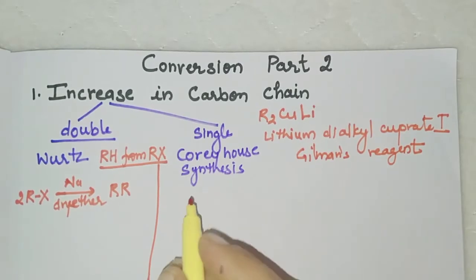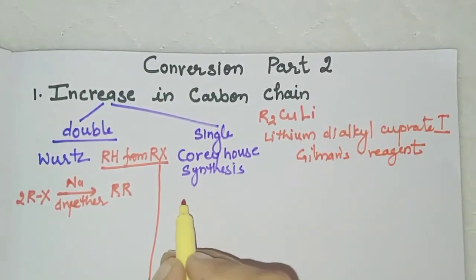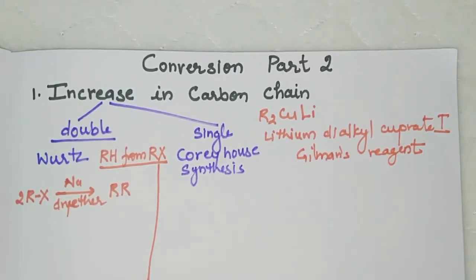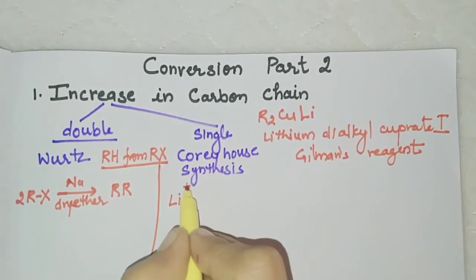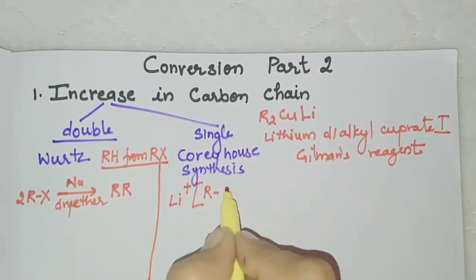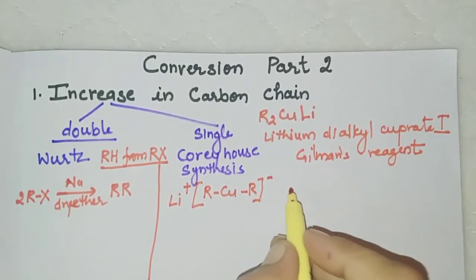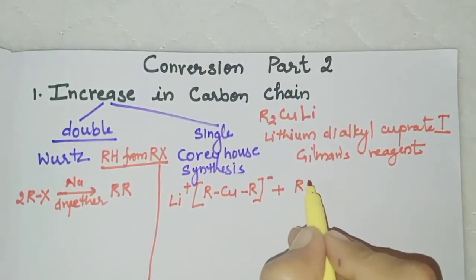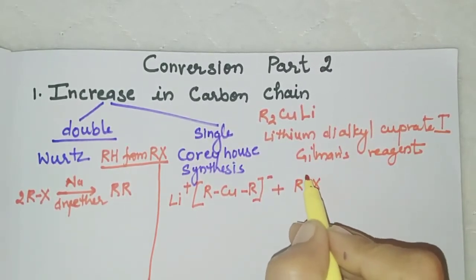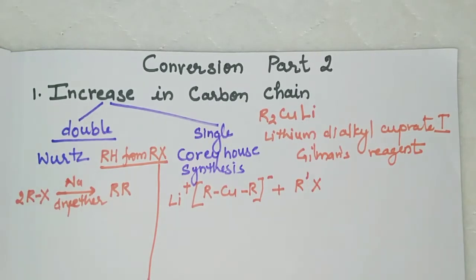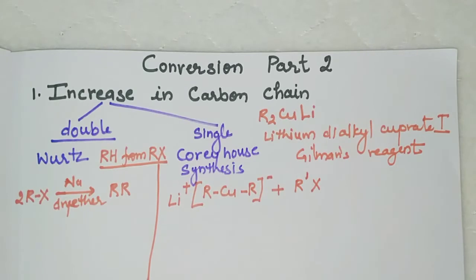Now how does this process take place? See here, this R2CuLi can be written like this, plus any alkyl halide. We are taking this R as a different R, that's why we are marking it with a dash, R'.